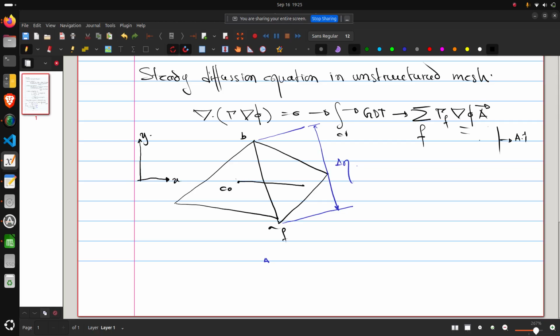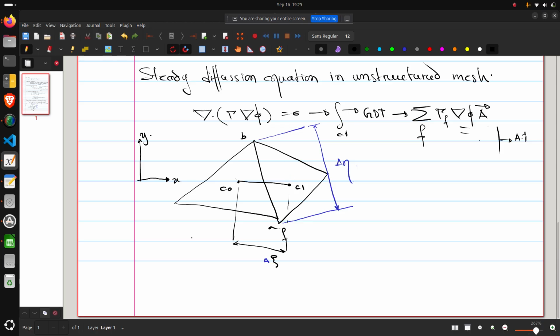C naught and C1, okay, and this is the distance del psi and del eta. Now we see that these two things are not perpendicular, right?